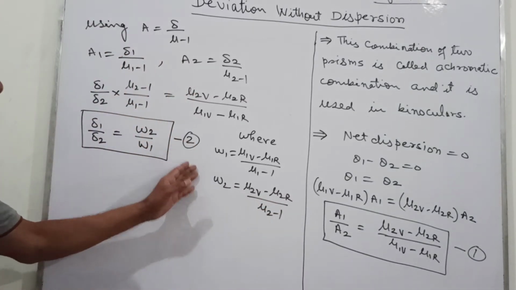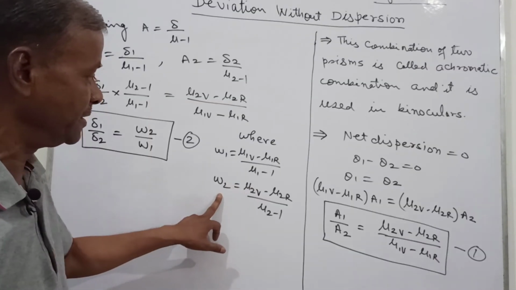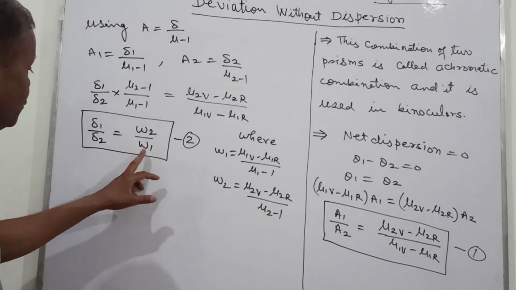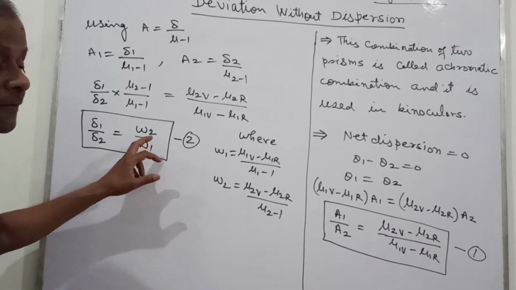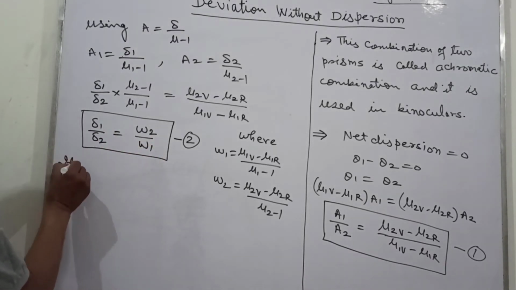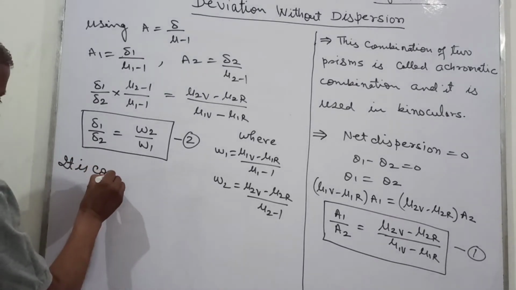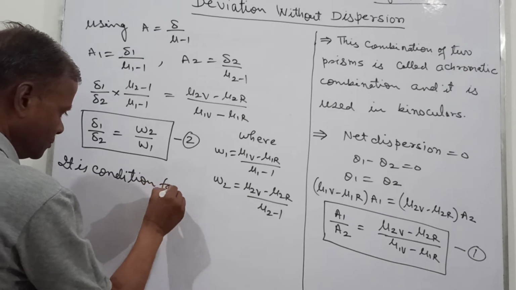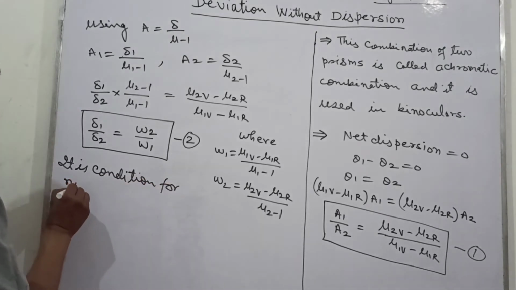This is the dispersive power of the first prism. This is the dispersive power of the second prism. So in place of that, I have written this rule, that this condition must be verified. This is the condition for no dispersion.